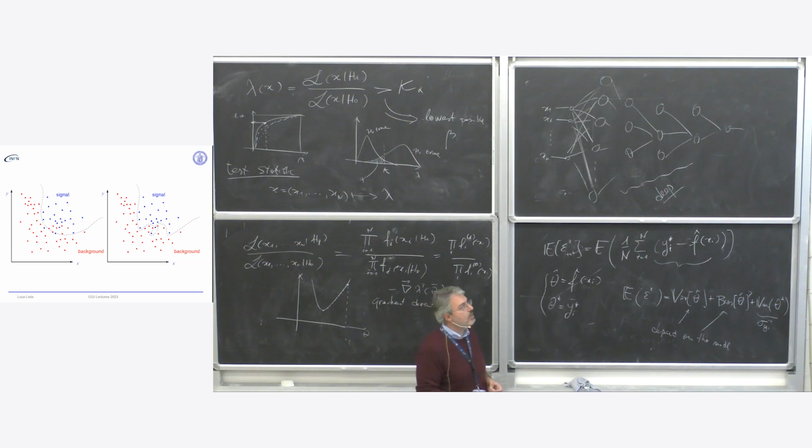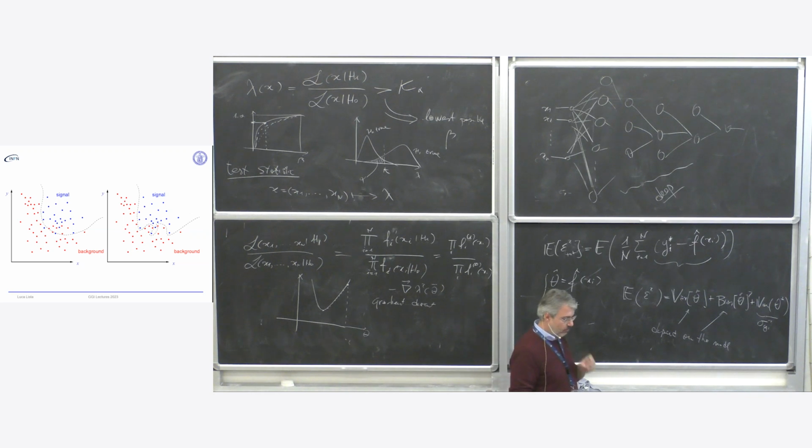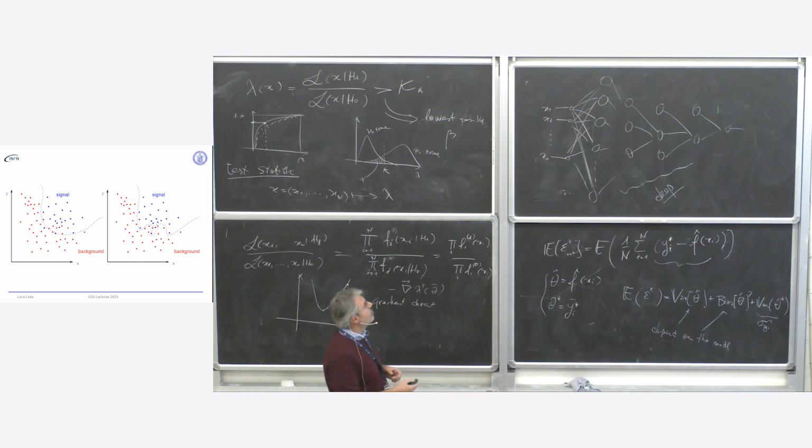But then you can also run into this problem. You start to follow the details of the individual points, and you start here to really overtrain because you are following the fluctuations of your sample. And if you have another independent sample, you may end up with a performance which is completely different from this one. So that's why when you test the performance of a machine learning algorithm, you want to have two independent samples.